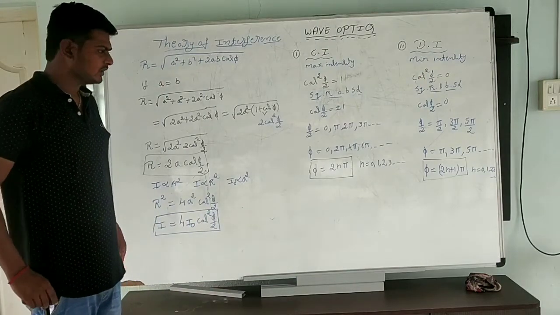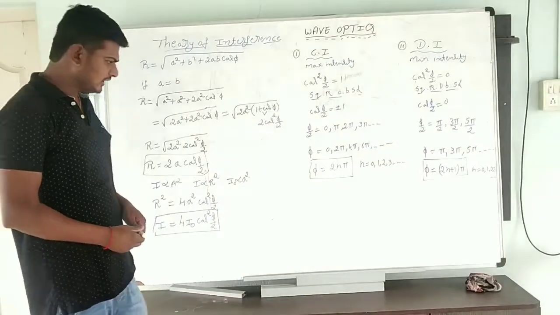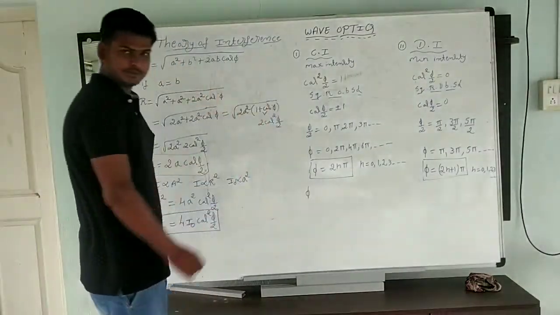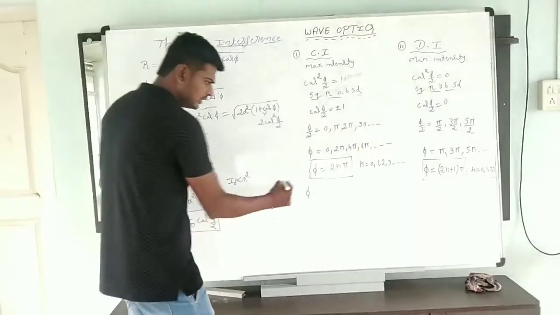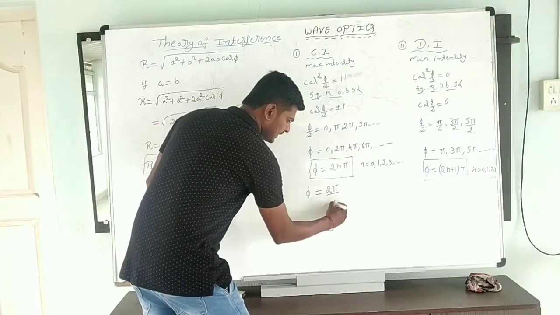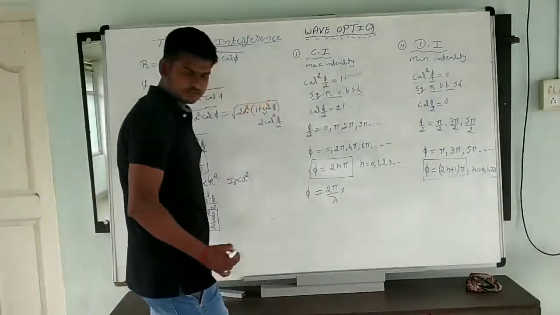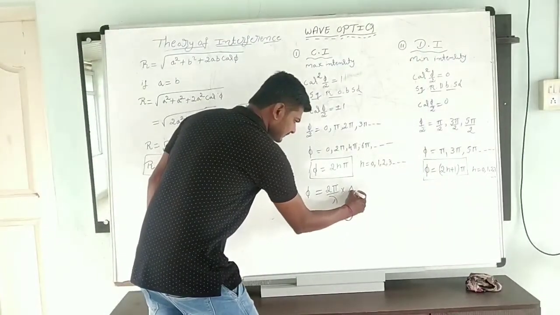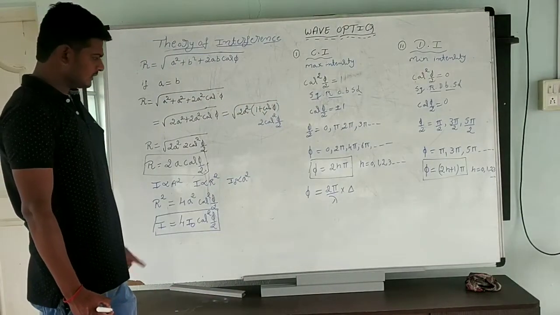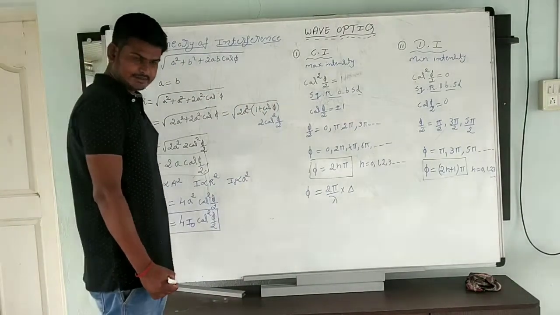Now we have to write the path difference. Already we know that the phase difference is equal to 2 pi by lambda into the path difference, which I am going to write as delta. Now I have to find the path difference delta.